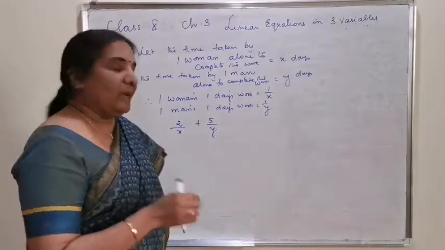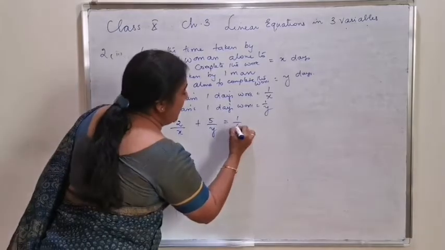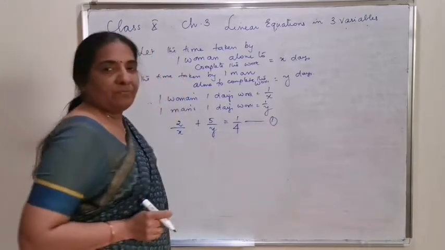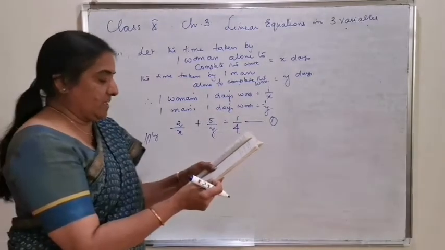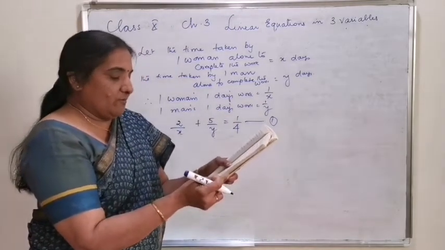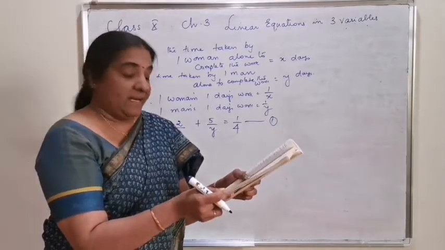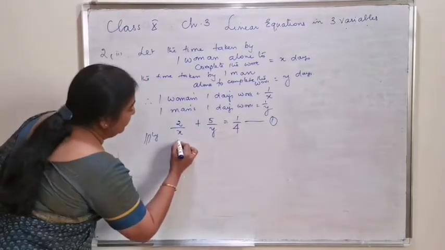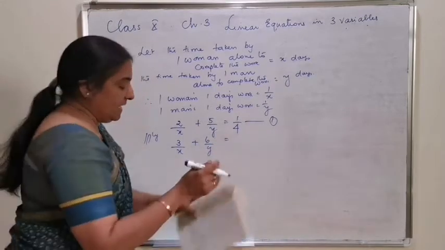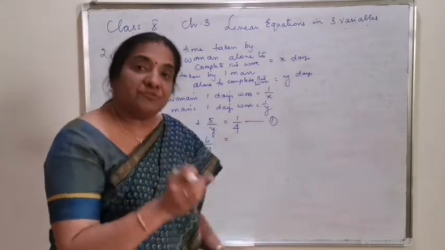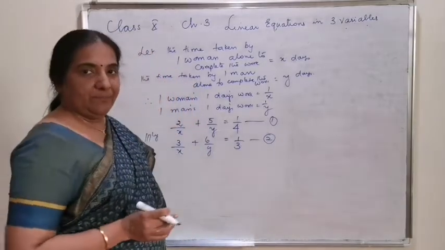So these people's work in 1 day is 1 by 4. Similarly, the second equation: 3 women and 6 men will complete in 3 days, that is 1 by 3.